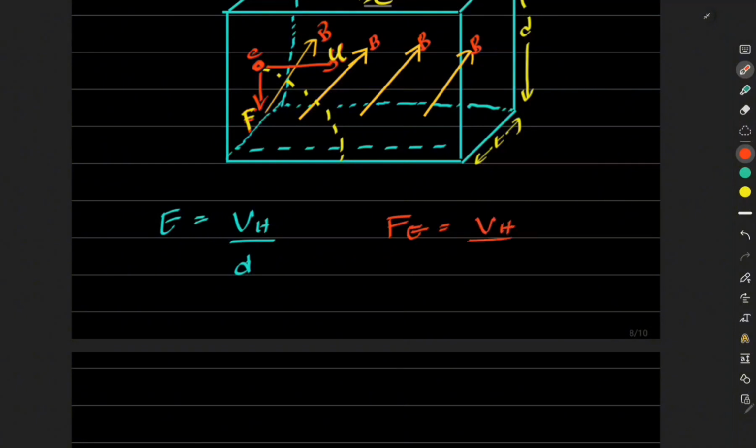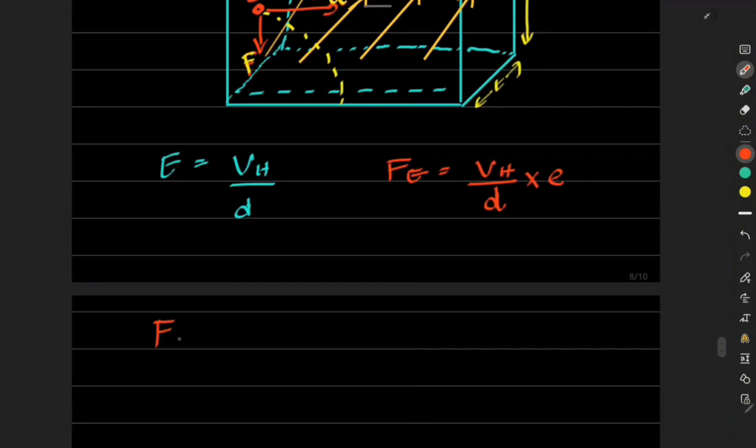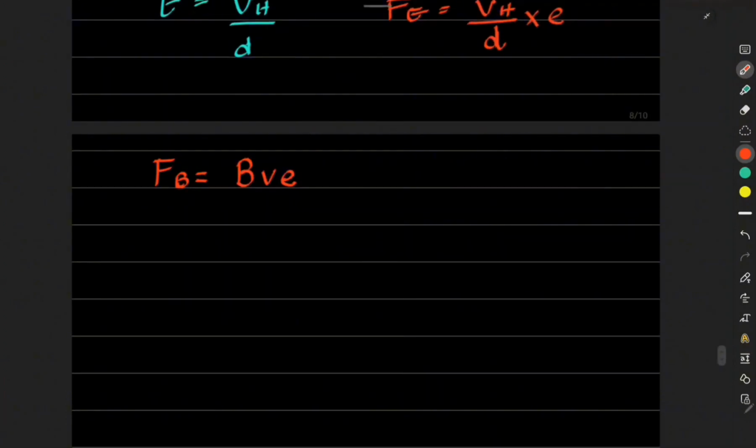FE equals VH divided by D into e, the charge of an electron, and the force acting downwards, FB, equals B v e. Here e is the charge of an electron, instead of Q. The deviation of the electron stops when the downward force balances the upward force.